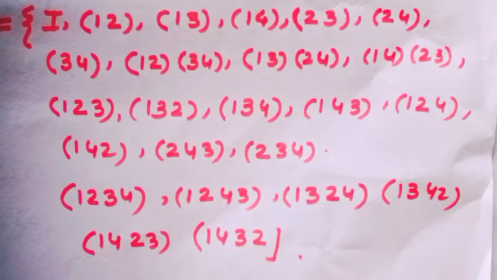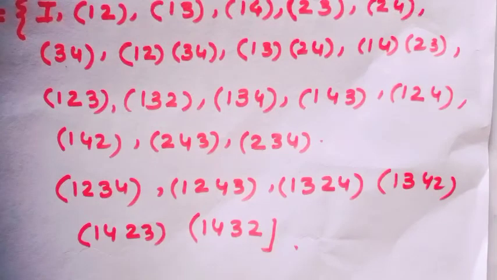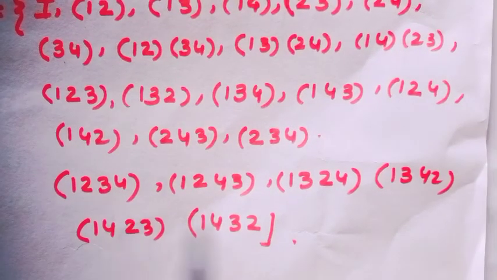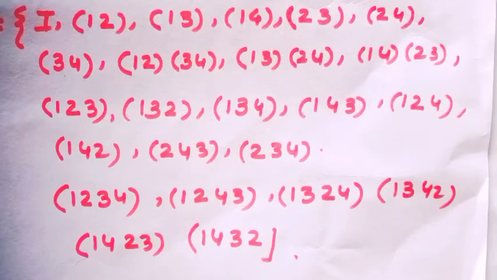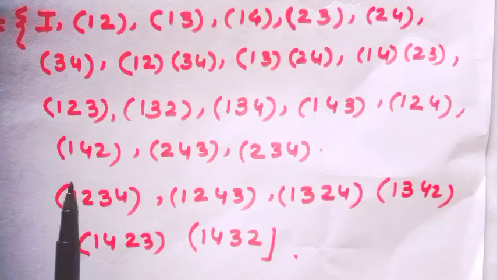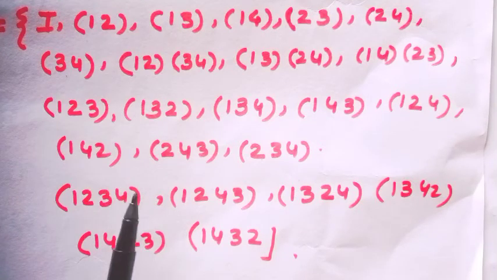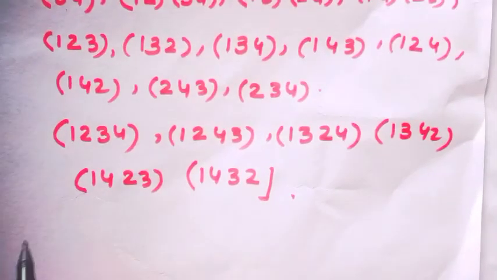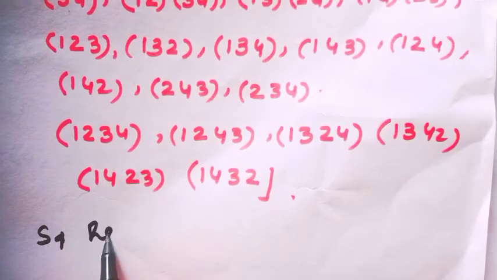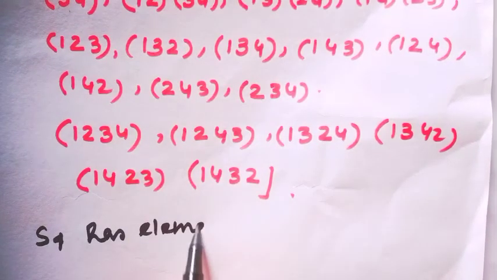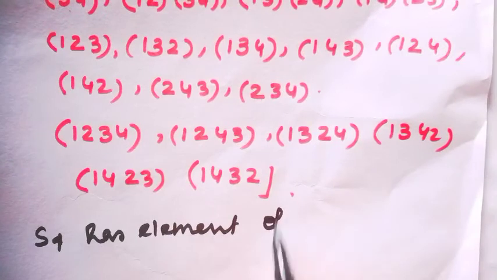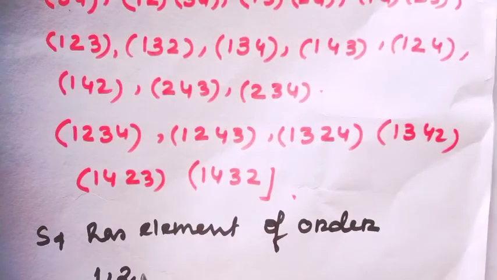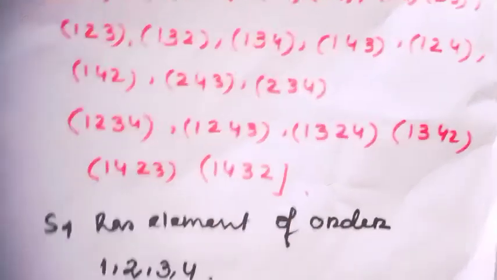And one more cycle type, 4, the only elements which contain all 4 symbols. So S4 has elements of order 1, 2, 3 and 4.